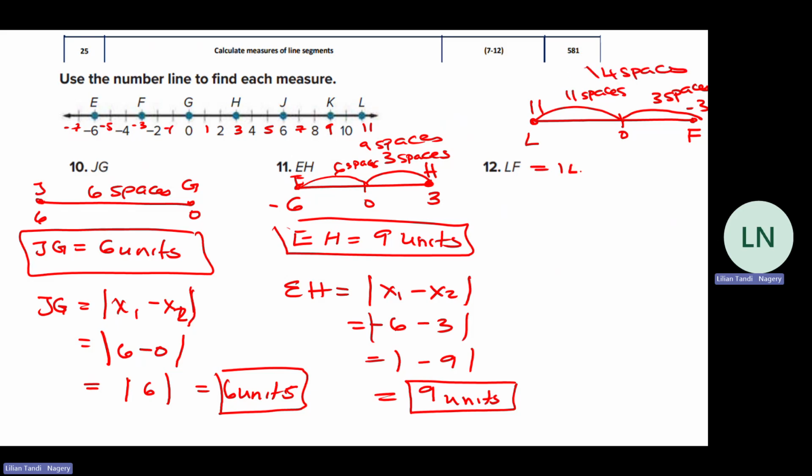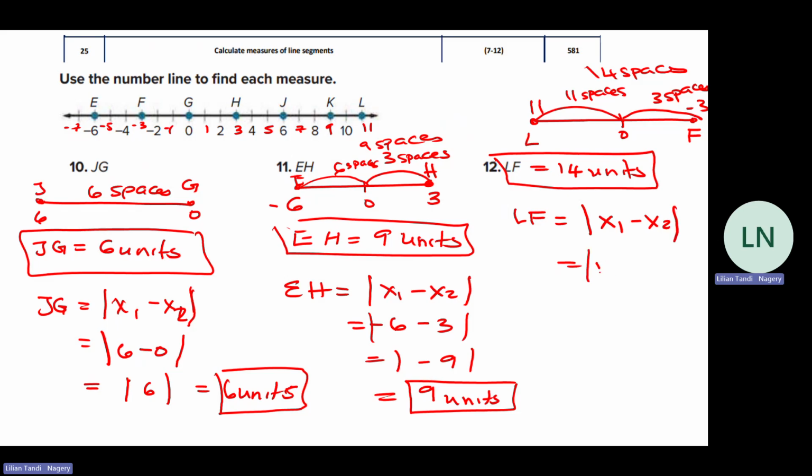So L to F is 14 units. Okay, so now let's try L to F using the formula, absolute value, x1 minus x2. Close your absolute value. 11 minus negative 3. This is absolute value of 14. This is 14 units.